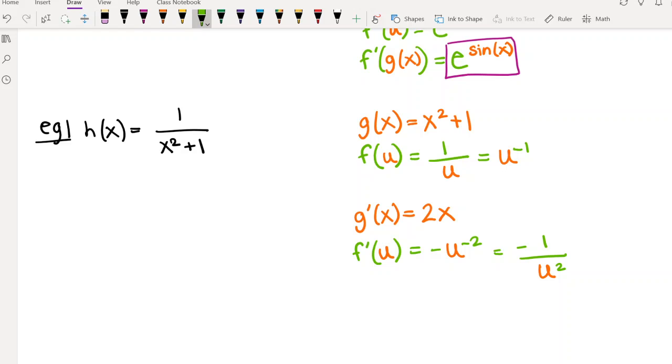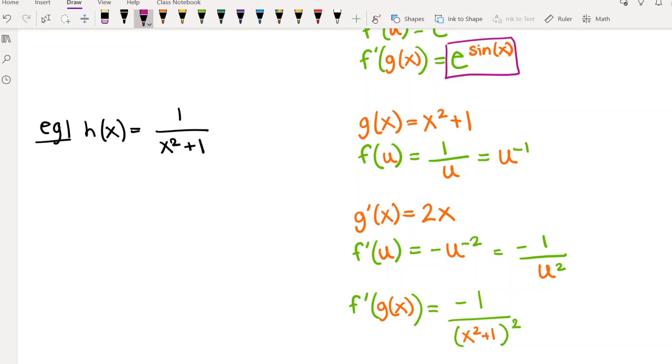So now we can put our original input back in. We're not doing f prime of u, we're doing f prime of g of x. So what is f prime of g of x? Well, it's the same thing we got for f prime of u, but we put in our original g of x. So it's going to be g of x squared, so that's x squared plus 1 squared.